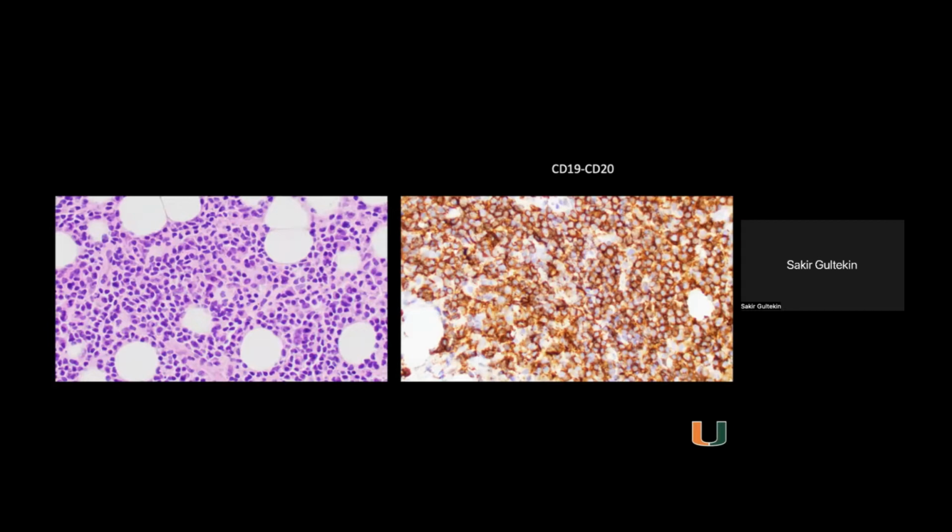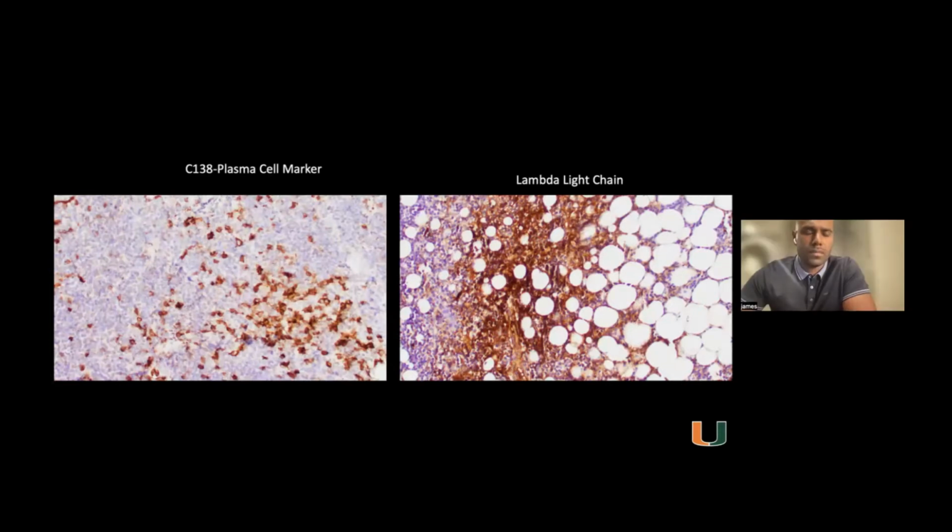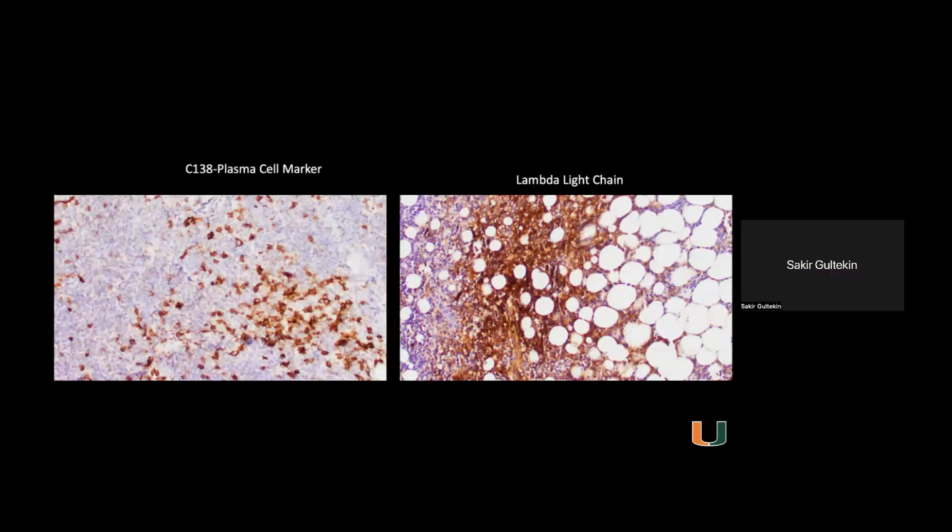Next. Morphologically, it had some plasma cell-like features. So you can demonstrate a subpopulation of plasma cells with CD138, which is a plasma cell marker. And then you can show clonality with kappa and lambda light chains. If it's positive with one and negative with the other, you can show clonality.